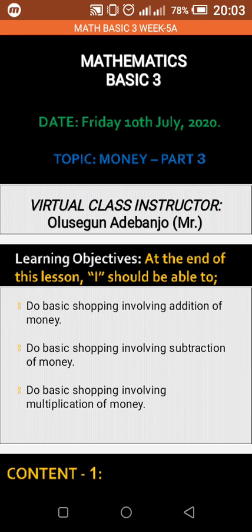Before going into today's lesson, today will be the third contact on this particular topic. During the first contact, we looked at the basic meaning of money, identification of the various denominations of Nigerian currencies. Then we were able to relate currencies, that is coins and notes.